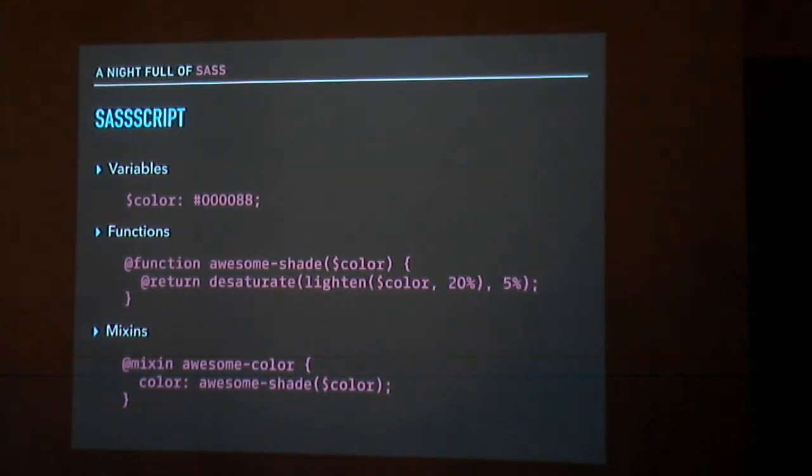Mixins are probably, if you've never used Sass, the most unusual thing that you can find, because right now there's only a color declaration here, but really a mixin can include any kind of CSS block of code, and we'll see more complex ones.